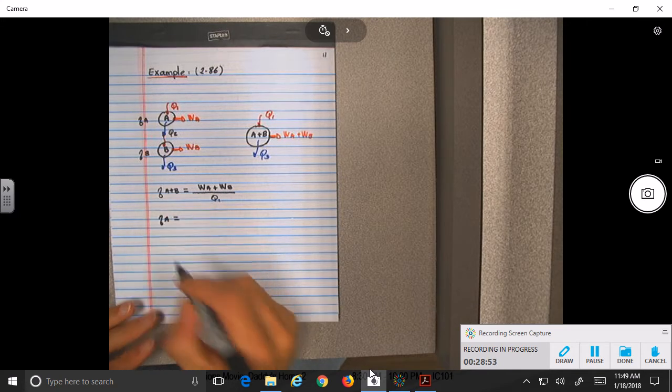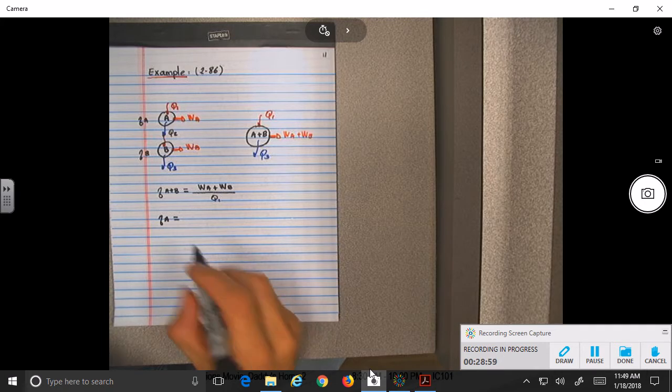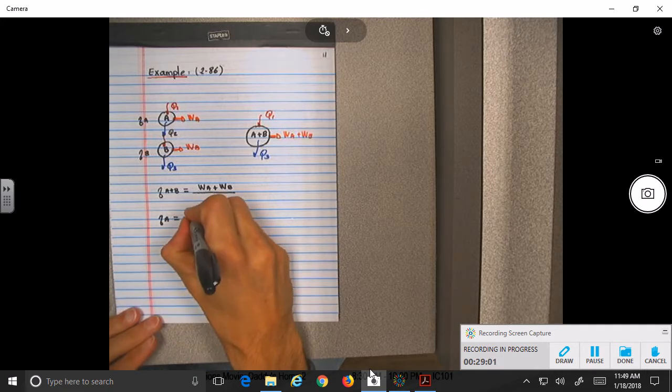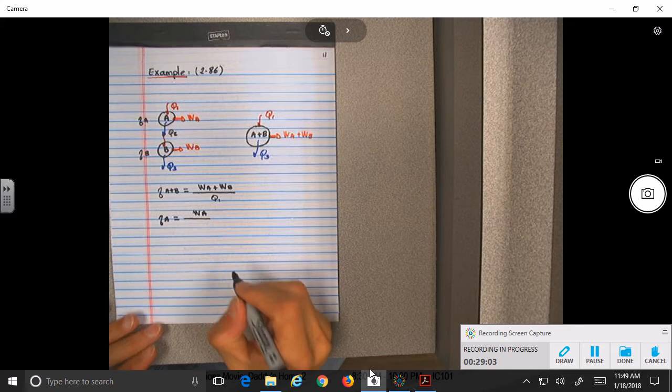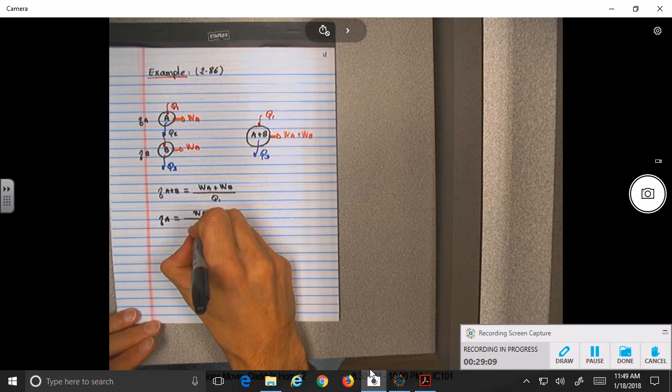What is the efficiency of A? It will be work A, what we were trying to get out, divided by Q1. Okay?